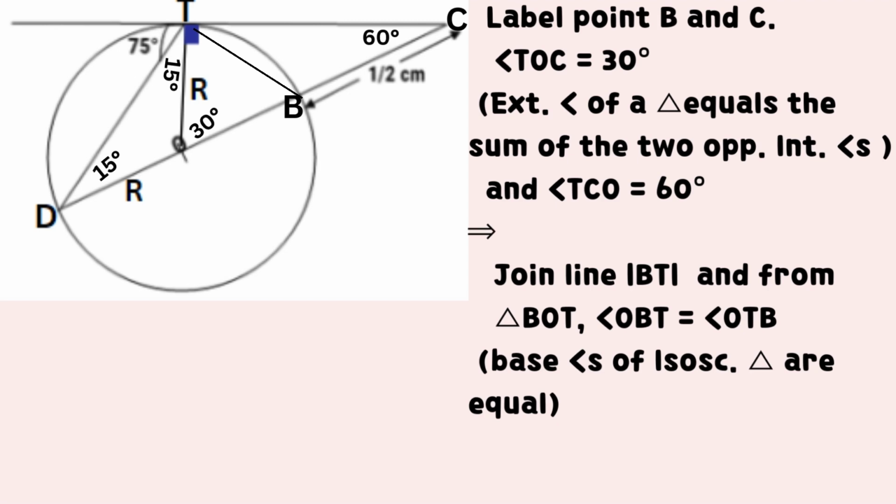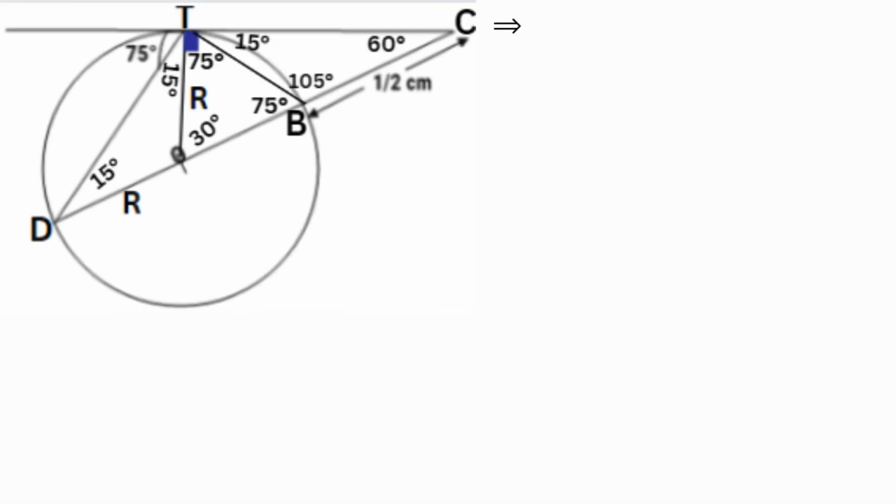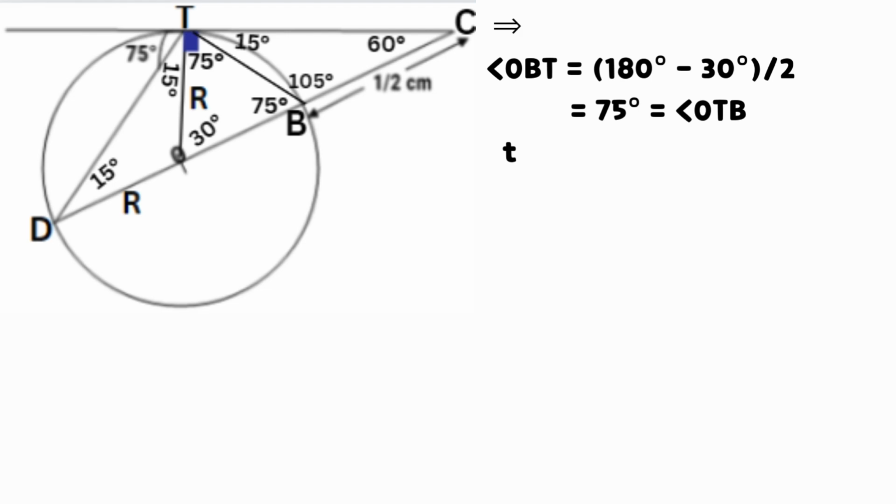This implies that we join line BT, and from triangle BOT, which is an isosceles triangle with equal base angles, angle OBT equals 180 degrees minus 30 degrees, all divided by 2.